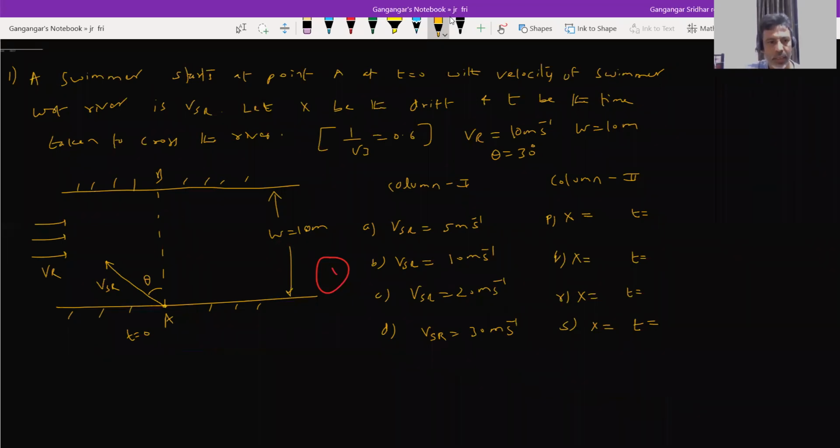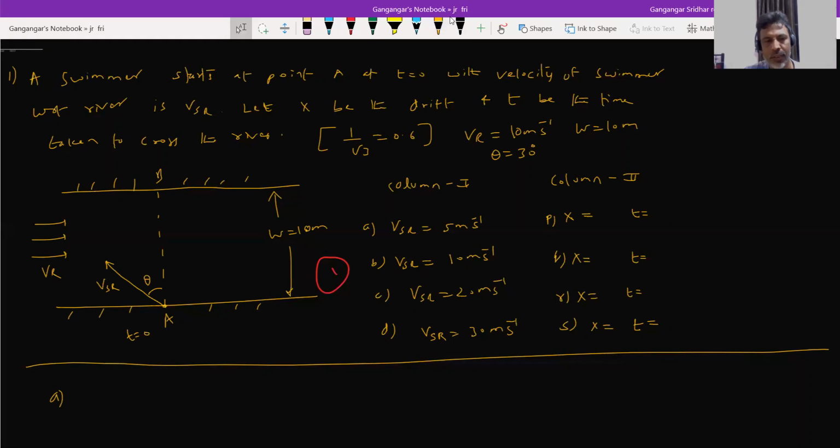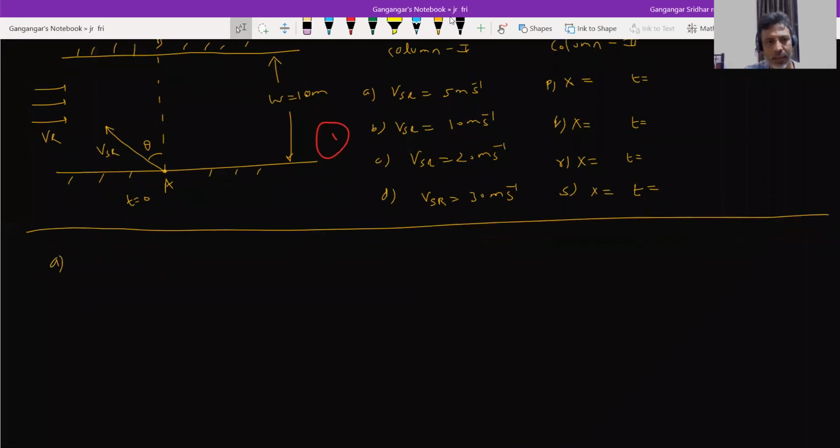Okay, in the first case, look at the VSR value, 5 meter per second. I think it is better you generate one generalized formula. Anyway, we have to draw a diagram in every case.